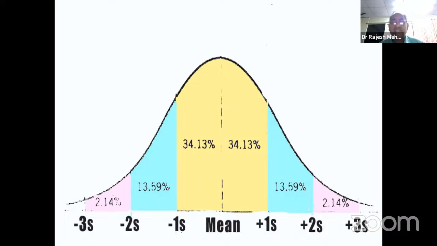So Z means 5 standard deviations away. If this is 75 and it is 5 standard deviations away, it is very unlikely that that person belongs to the group. So it is significant, it is not by chance.